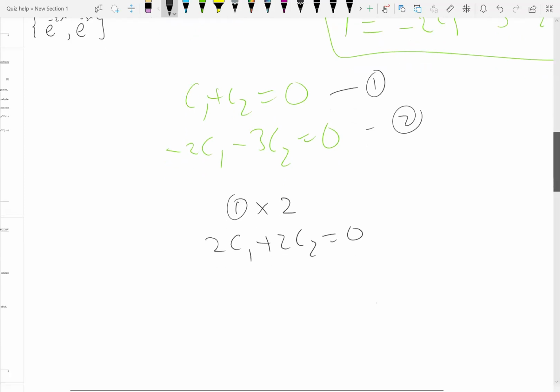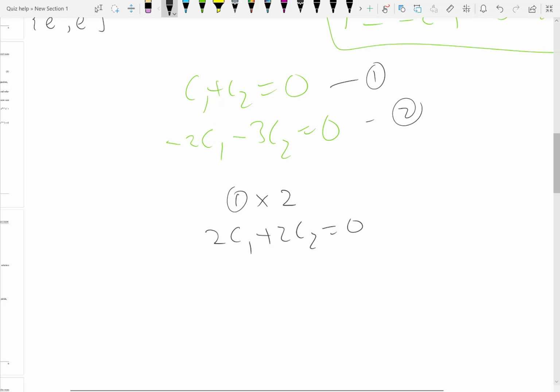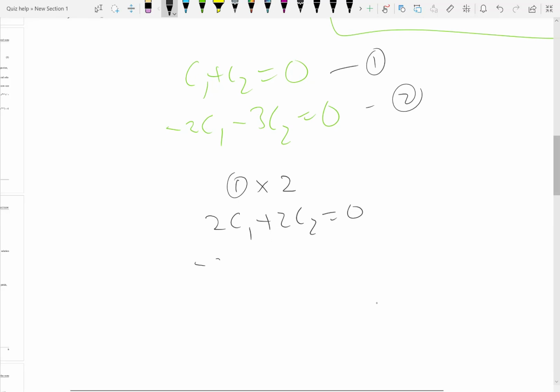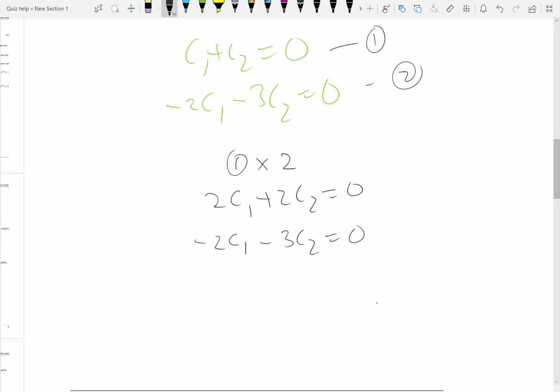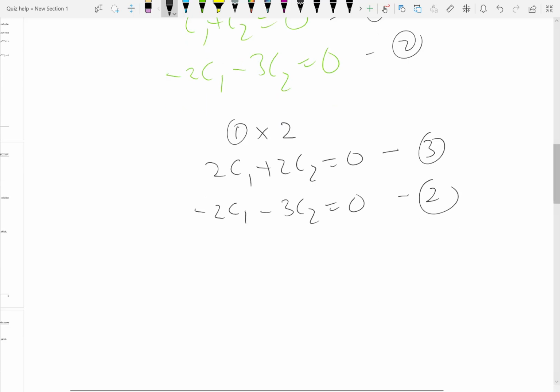Multiply by just the number 2, okay, and call this equation 3. Then the second equation is negative 2c1 minus 3c2 is equal to 1. Now you see why I multiplied by 2. We changed the first equation to be the third equation by multiplying by just the number 2, not by the second equation. Now let's add 3 and 2.